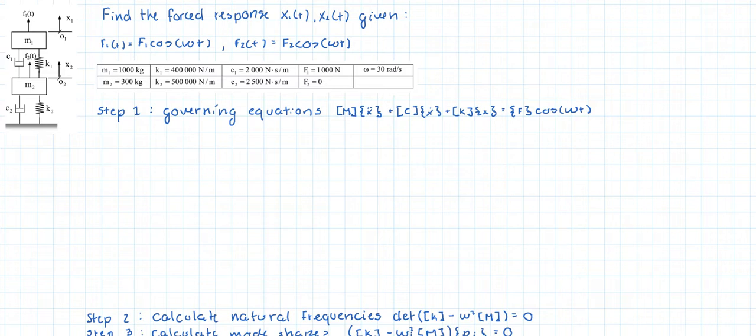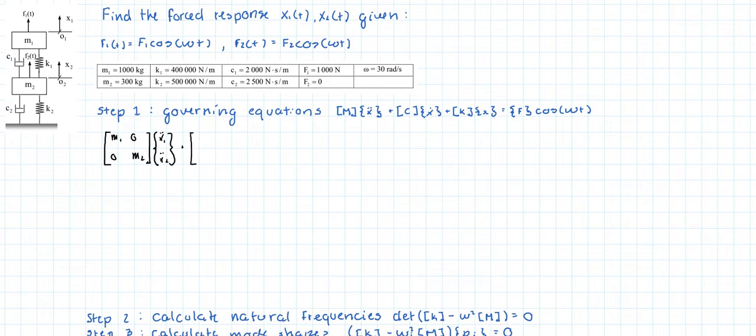So here we have number 1, the mass matrix, diagonal, the damping matrix.